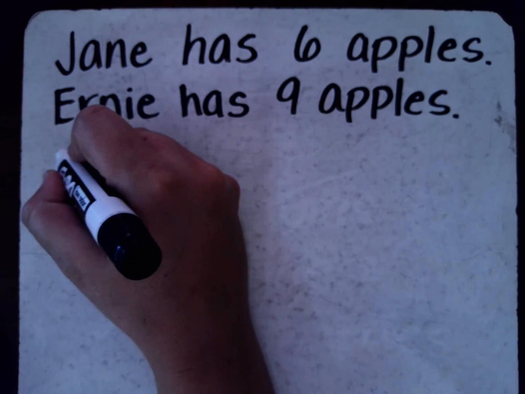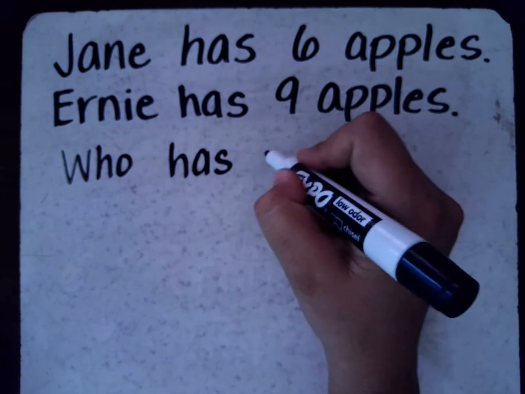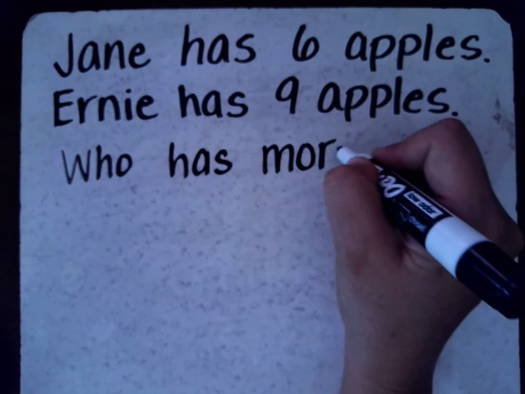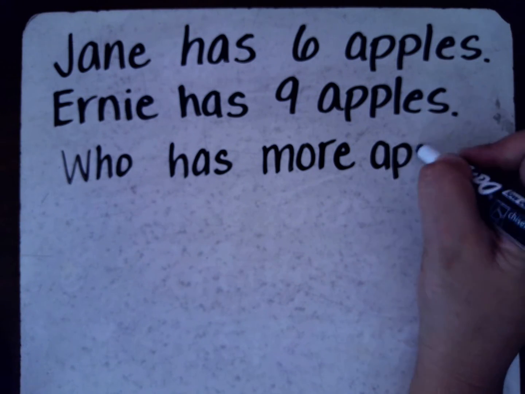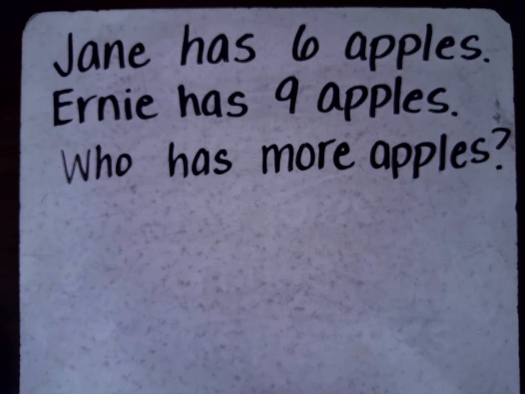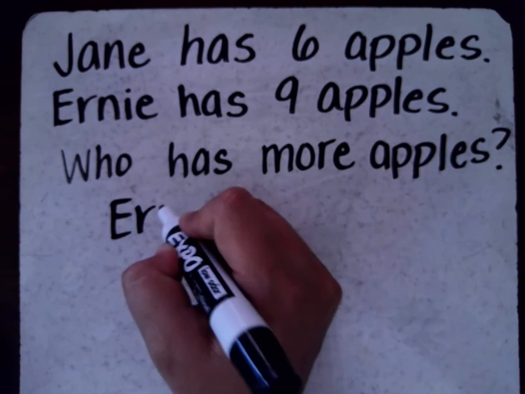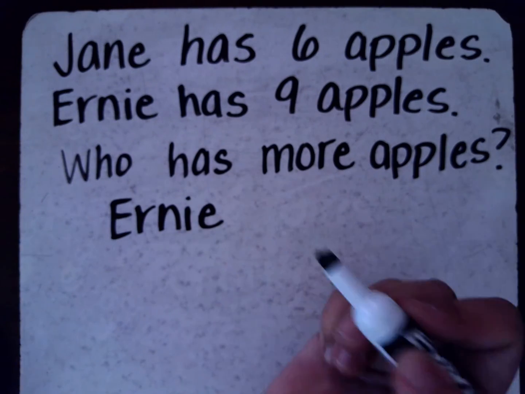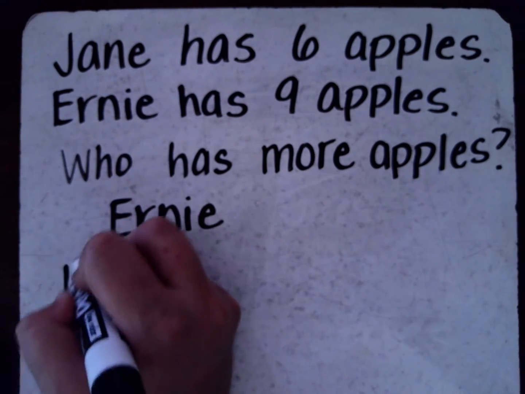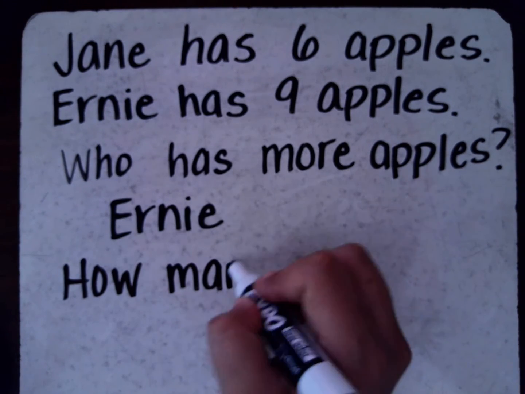One of my questions could be, who has more apples? So if you had to answer that, you would say that Ernie has more because he has 9. And if I wanted to answer how many more, I could also do that.